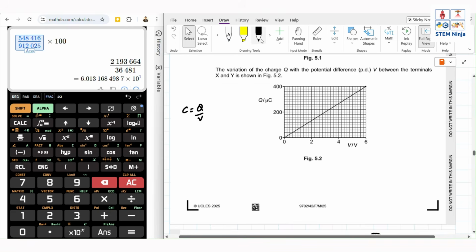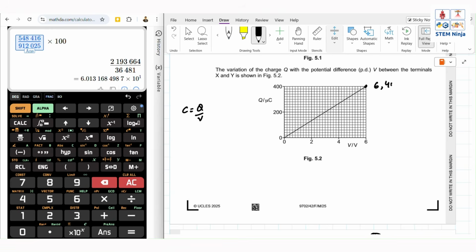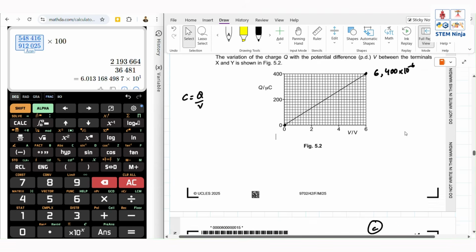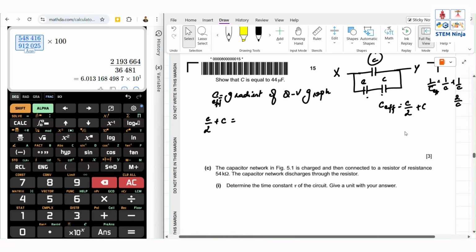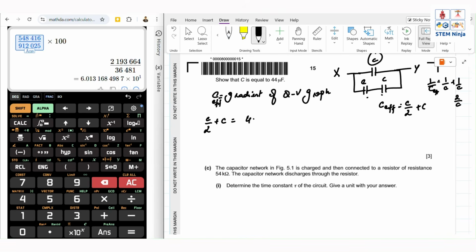Now we need the values for the gradient. One value is 6 volts and 400 microcoulombs, and the other is 0 and 0. So 400 micro divided by 6 volts.